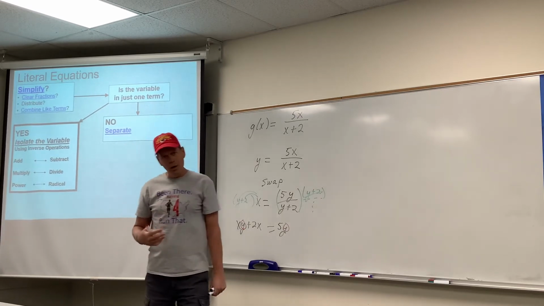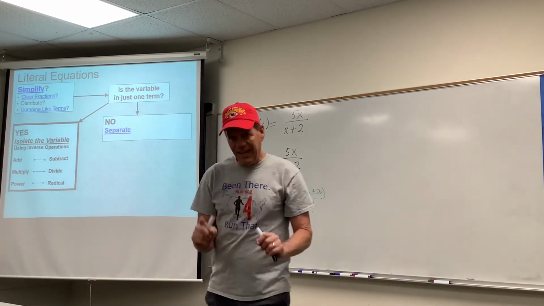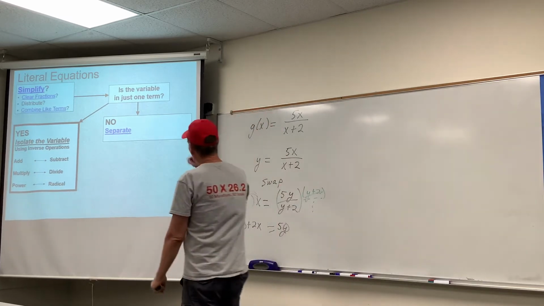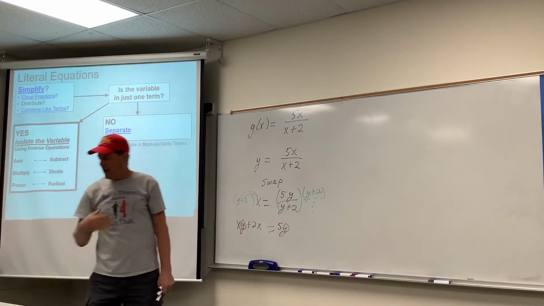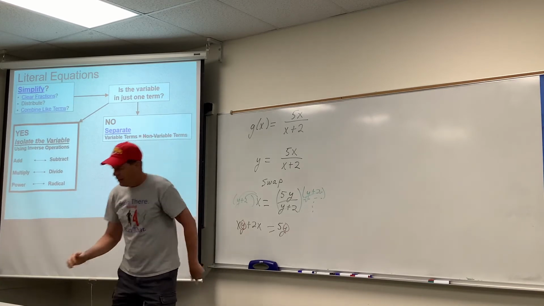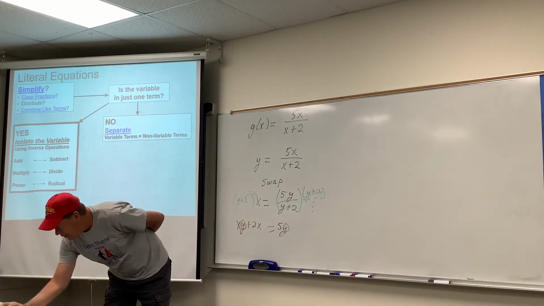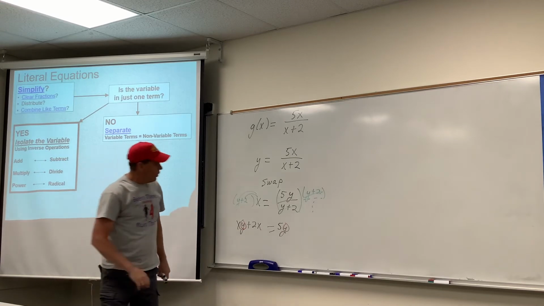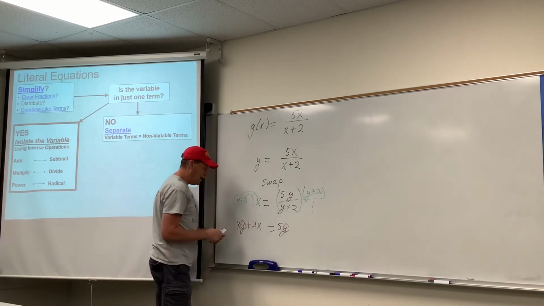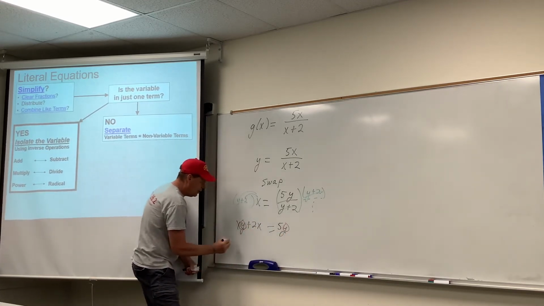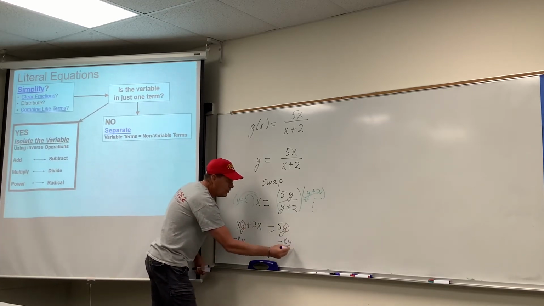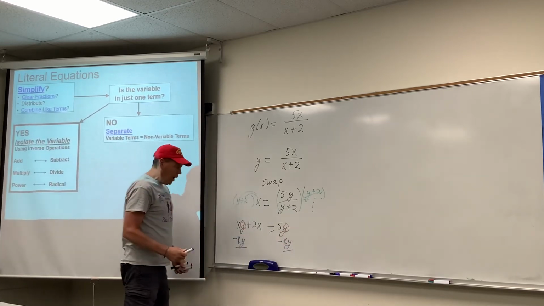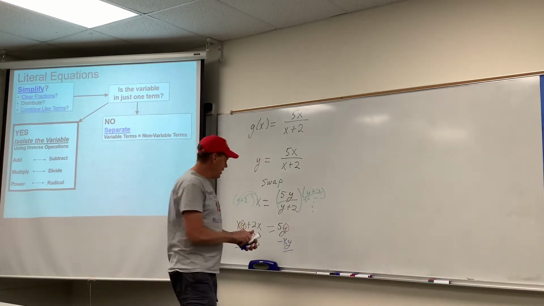So I hope you recall from assignment number 15 that when the variable is in more than one term, we get all the terms that have y on one side of the equation and all the terms that do not have y on the other, right? So this has y, this has y. I think the best thing to do here would be to subtract this xy term over so it's on the same side as the 5y. We want the y's on the same side.